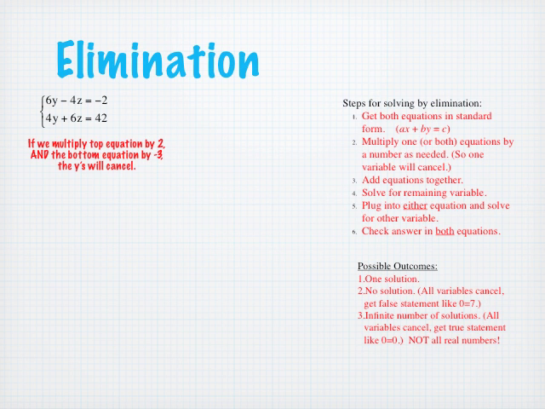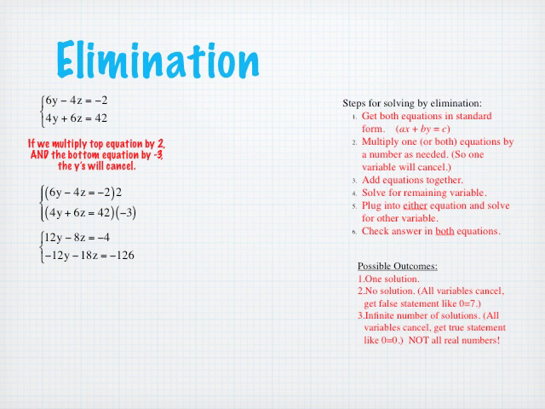So if we multiply the top equation by 2 and the bottom equation by negative 3, so I'm multiplying both equations by something, my y's will cancel. I need to make sure that I do it on both sides of the equation, not just on one side. So I take the top equation by 2 and the bottom equation by negative 3 and distribute that through. So the top equation becomes 12y minus 8z equals negative 4.